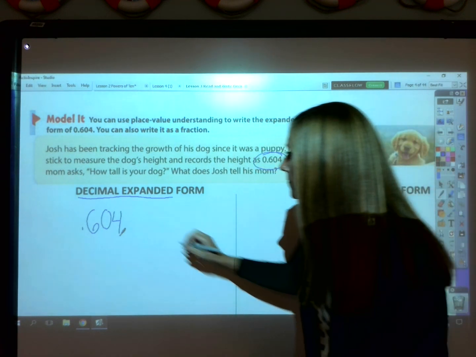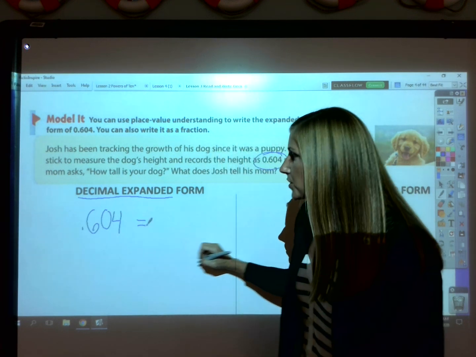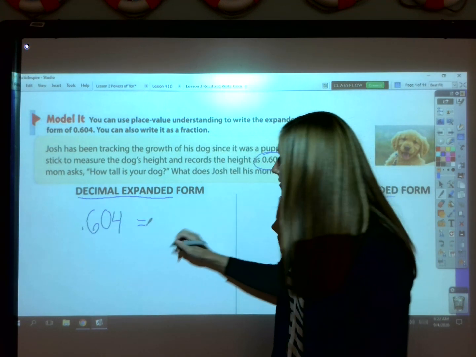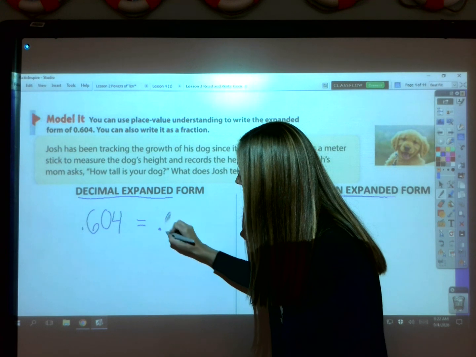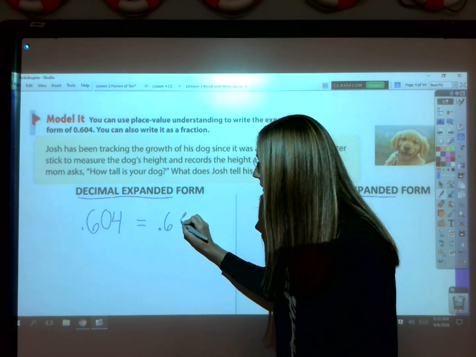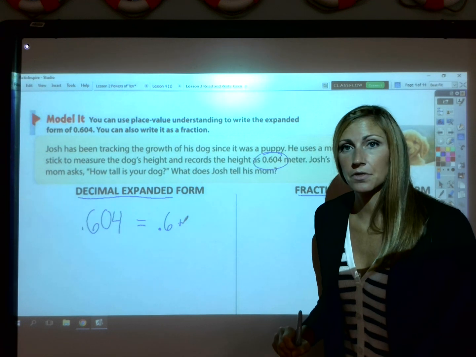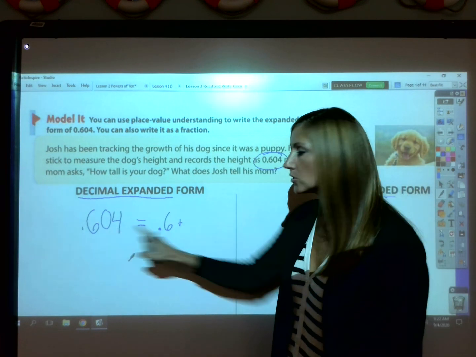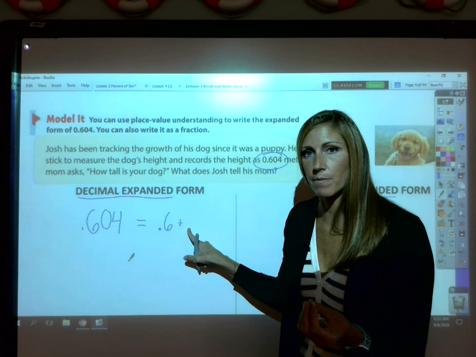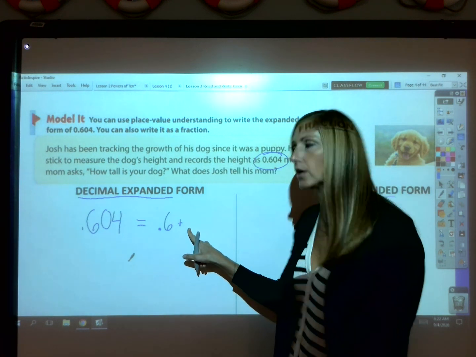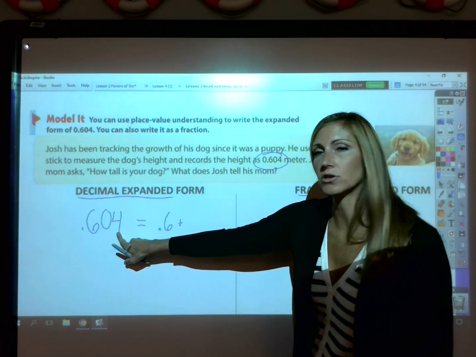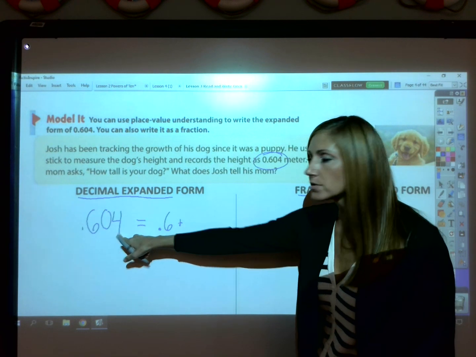Just a little bit. Well, what we could do first is look at, okay, we have a 6 in the tenths place, but we have nothing in the hundredths place. If we don't have a value to represent, we don't have to put it. So then our next value is 4, and 4 is in the thousandths place.